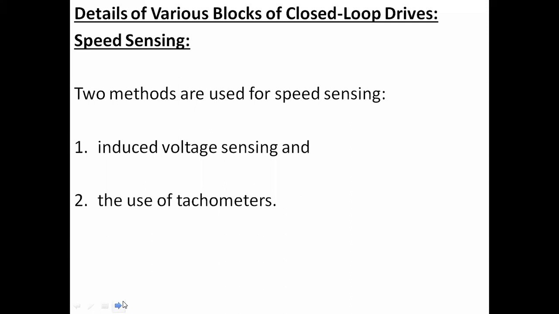A digital tachometer employs a shaft encoder. It gives a frequency proportional to the motor speed. This encoder consists of a transparent plastic or aluminum disc.